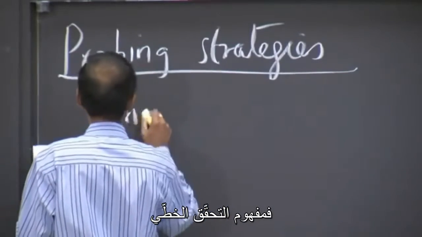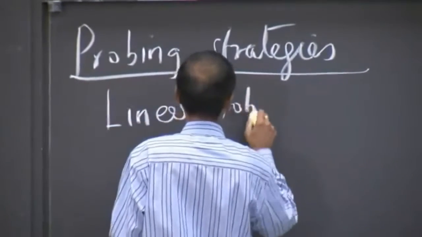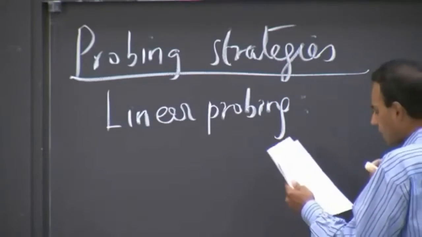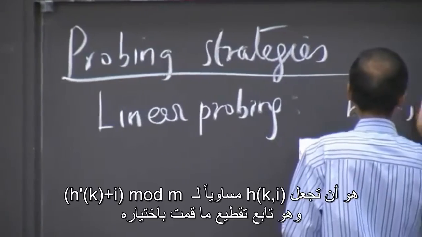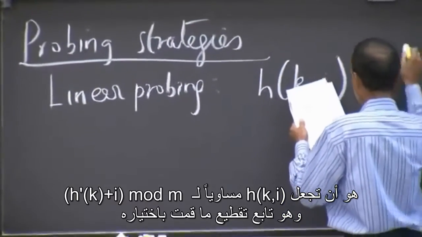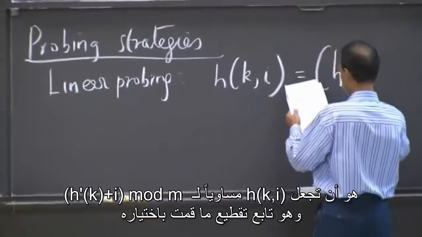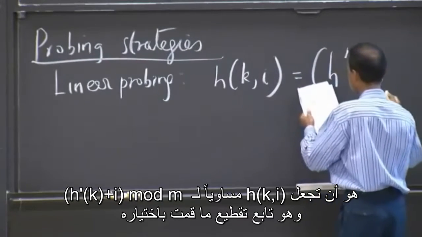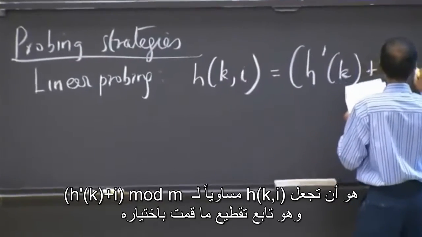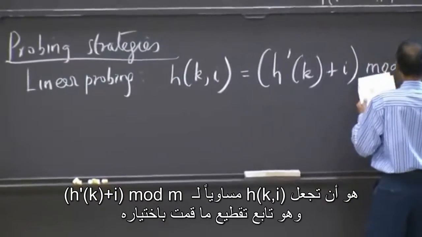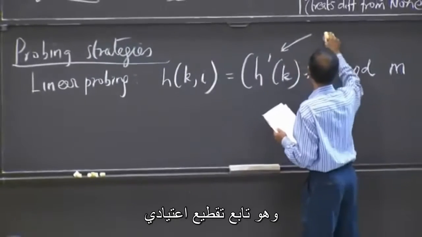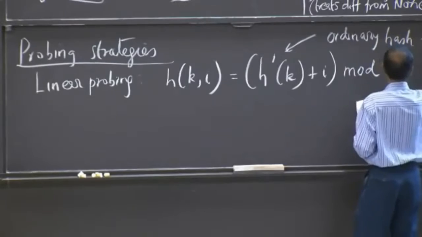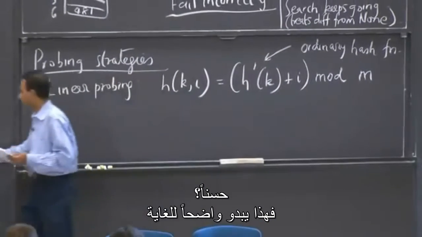The notion of linear probing is that you do h(k, i) equals h'(k) plus i mod m, where h' is an ordinary hash function that you've chosen. Okay, so that looks pretty straightforward.